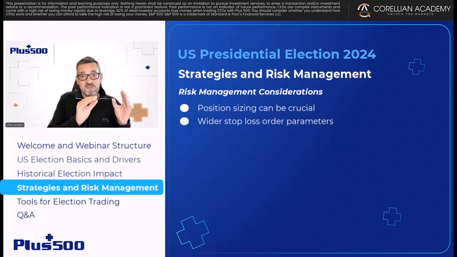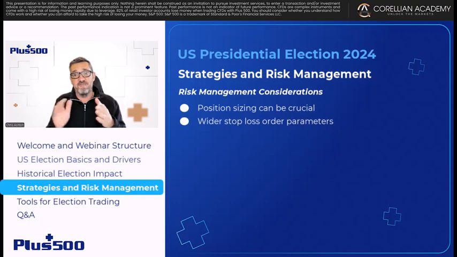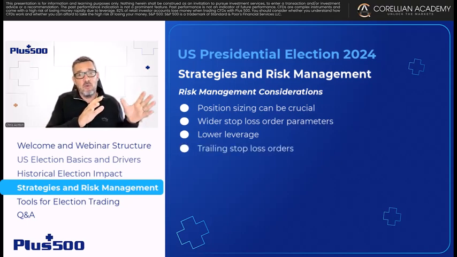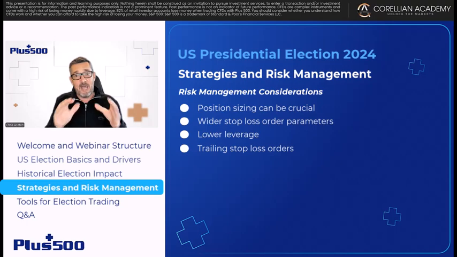Remember, you can set these stop losses on the Plus500 platform in advance to assist you when managing your downside risk. Think about using lower leverage than usual to avoid amplifying any losses during periods of extreme volatility. And think about using trailing stop losses to capture profits in fast-moving markets. The Plus500 platform offers you that functionality.